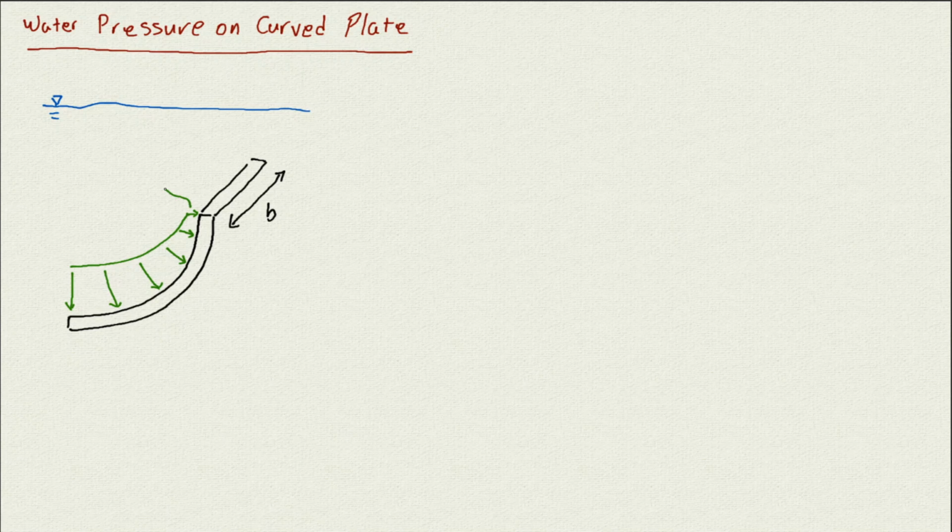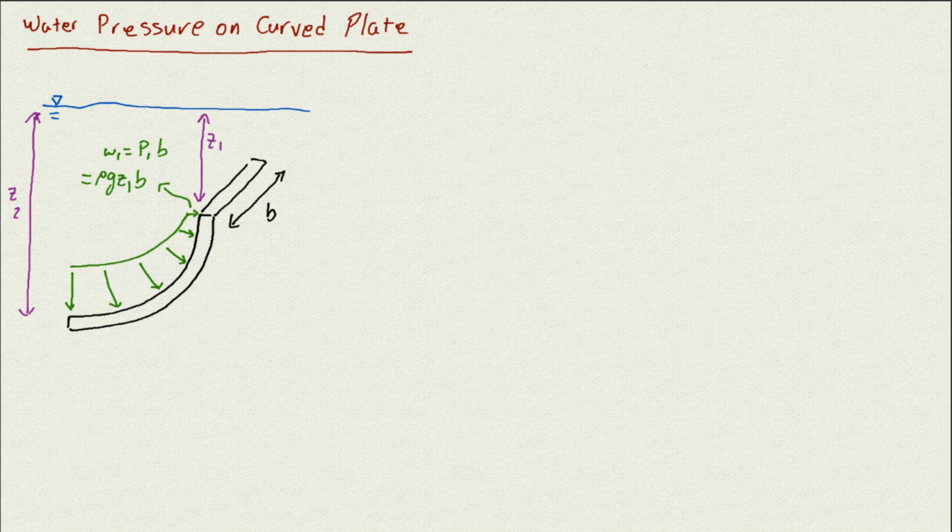The magnitude we have here, W1, is the pressure at that point times the width of the plate, so it's going to be rho g z1 times the width of the plate, and z1 is the depth from the water surface to that point. The same here for the second one: if we have the z from here to here, it's going to be z2.